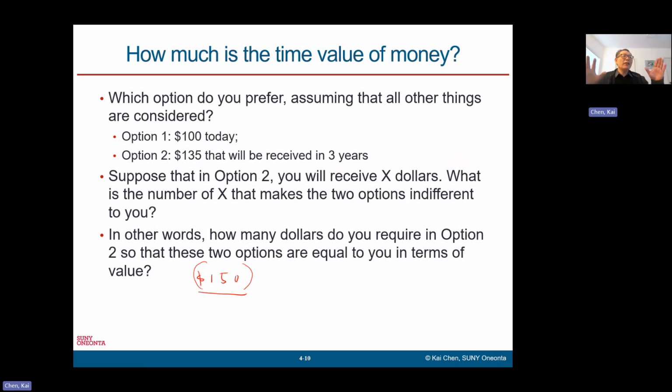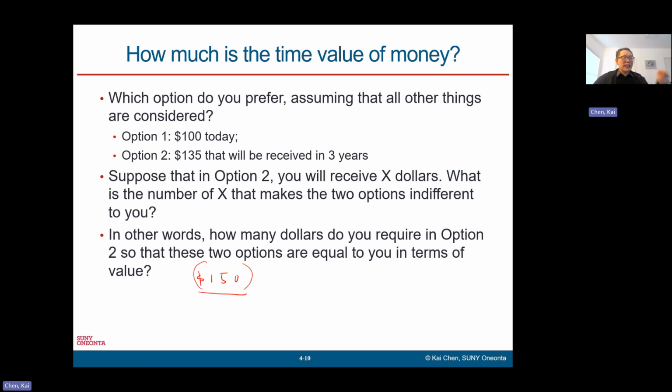For example, the most common investment opportunity is your bank account, right? If you have $100, you can deposit your $100 into your bank account, and your bank would offer the interest rate that you will earn on your account.